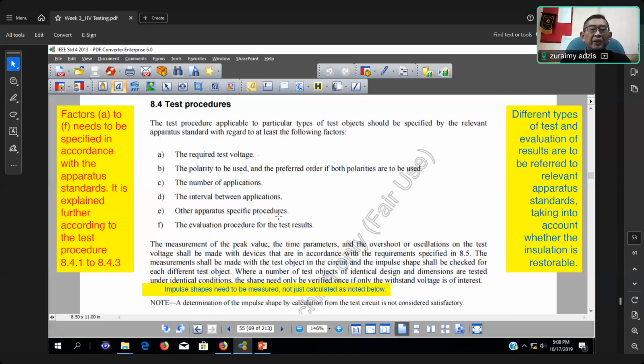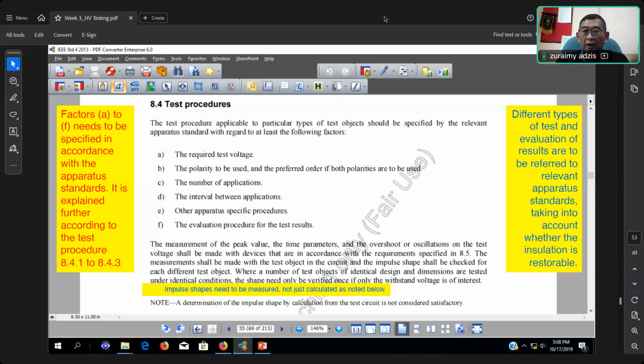Other apparatus specific procedures. This is what is meant when you use another product standard, which shows that you want to do an impulse test, and there is a standard on that. We can check on that in your assignment, because in your assignment, you will all be referring to product standards.